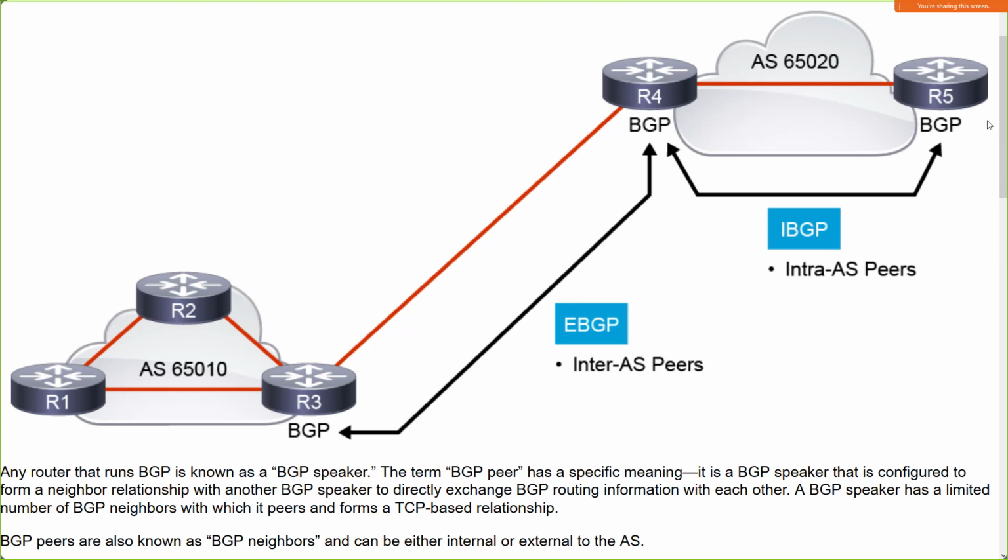There are a couple of differences between these adjacencies. For example, eBGP pairing relationships by default have to be link local, meaning that we cannot peer over multiple hops. You can override that behavior by using an eBGP multi-hop command. iBGP pairing relationships are virtual. They can go over multiple hops by default.